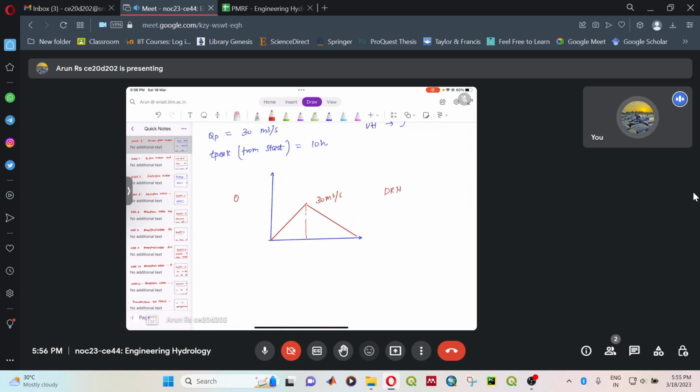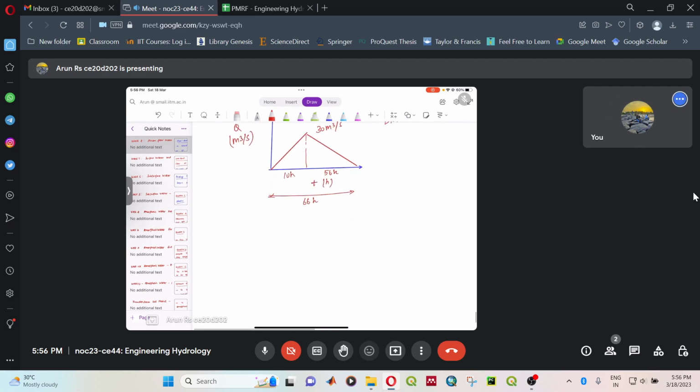It's the DRH. So this is 10 hours, this is 56 hours, the total time base is 66 hours. So first we need to determine the runoff excess, rainfall excess.